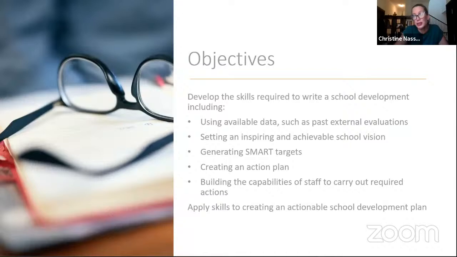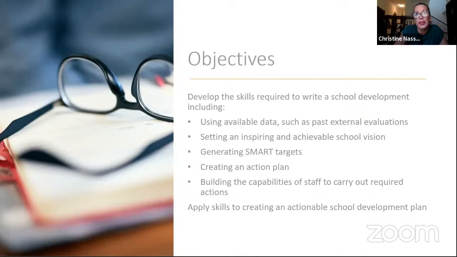And it can feel quite overwhelming when it comes to being a school leader. So what we're going to do today, our objectives in this workshop, are around developing the skills required to write a school development plan, which include using available data, such as past external evaluations, setting an inspiring and also achievable school vision, generating SMART targets, creating an action plan, and building the capabilities of staff to carry out the required action.